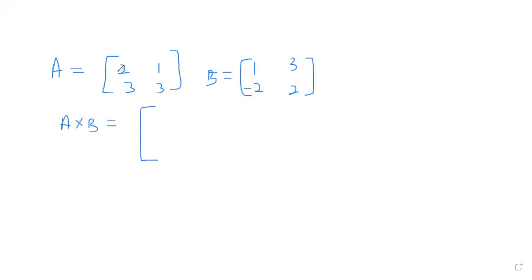Column. So you pick the first element in the row times the first element in the column, second to second. So that will be 2 times 1 plus 1 times -2.